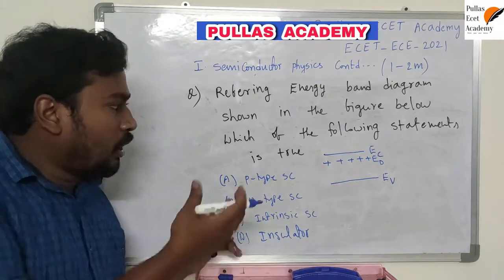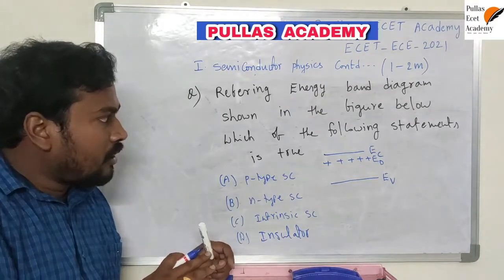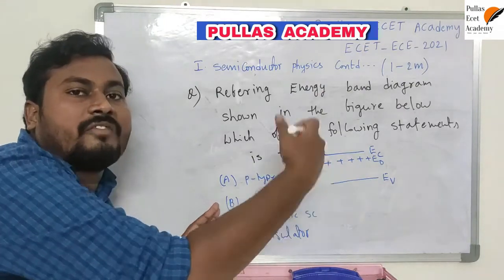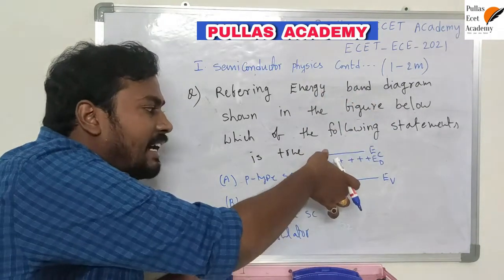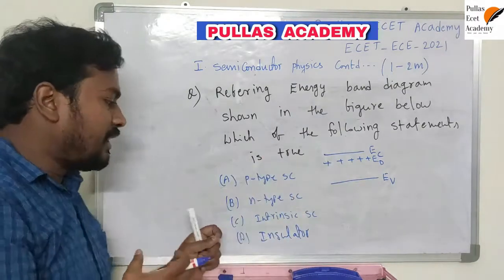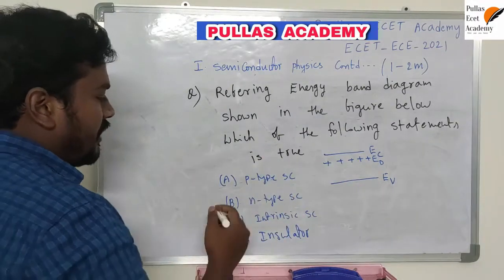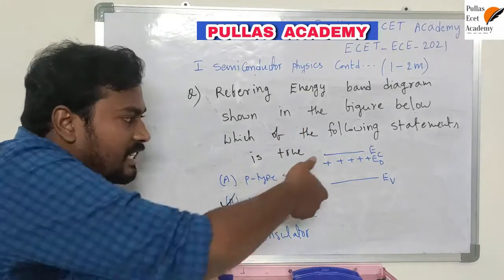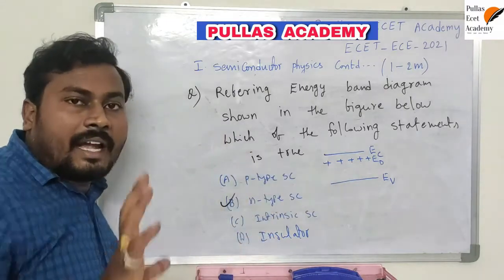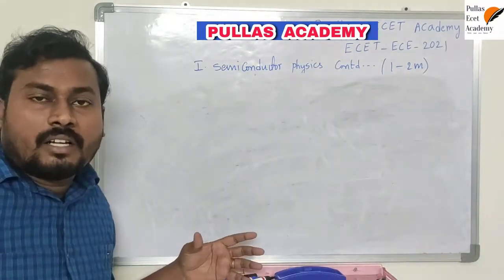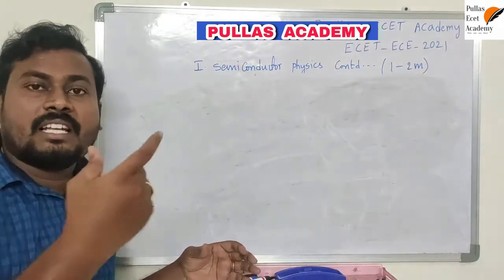So actually what they are asking is, which of the following semiconductors this energy band diagram is referring to? So now only we have seen, what is the answer? Yes, N-type semiconductor. Okay. So this energy band diagram is referring to N-type semiconductor. Clear?